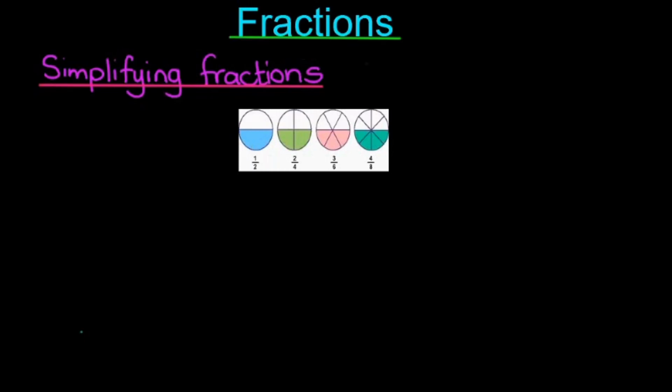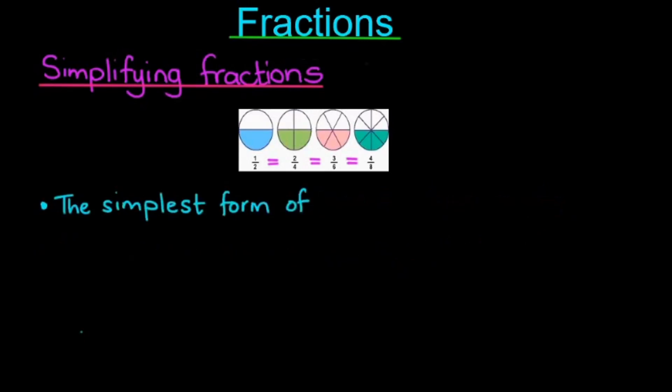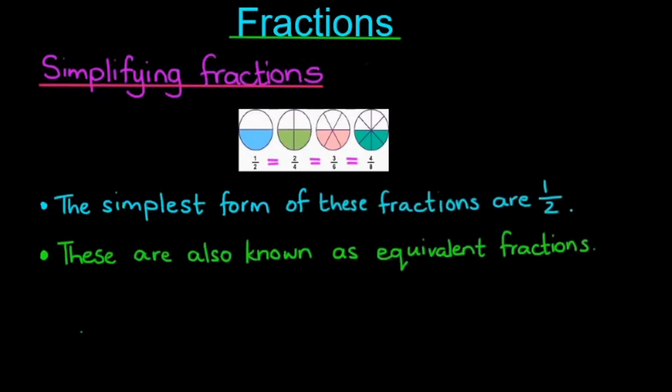From this picture, we can tell that these fractions are equal to one another. This also tells us that the simplest form of these fractions is a half, and these are also known as equivalent fractions.